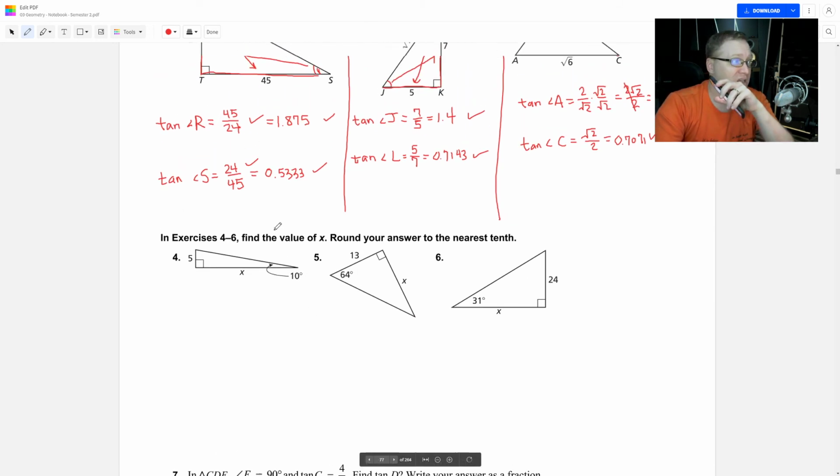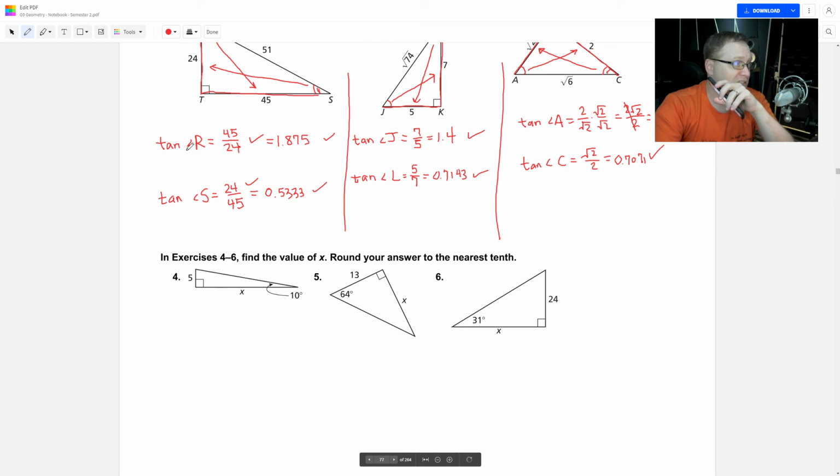Because what we are going to do now is use that. Remember, when I say tangent of angle R, that just means the tangent of some angle. It could be 30 degrees or 40 degrees or 25 degrees or anything like that. Your calculator has the ability to take degrees, like tangent of 30 degrees, and it will give you an answer in decimal points.